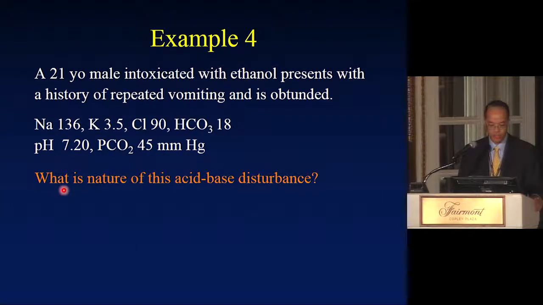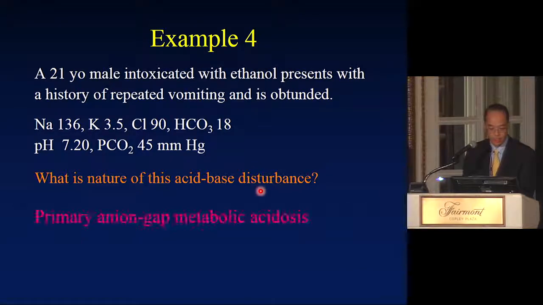Okay? So here's an example of how that might be used. Here's a 21-year-old male who's intoxicated with ethanol and presents with a history of repeated vomiting, and he's obtunded. So you can see here are the lytes, and here's the acid-base disturbance. And the question is, what's the nature of the acid-base disturbance?